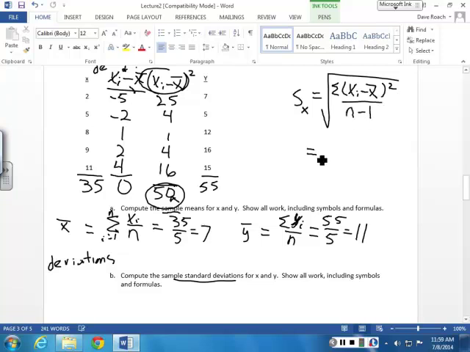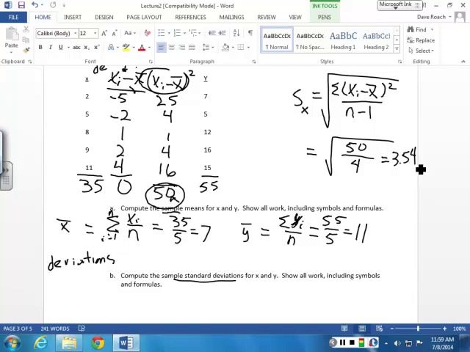So we'll take the square root now of 50. N is the sample size, the number of them. There are 5 numbers there. And so that'll be 4, 5 minus 1. And that all comes out to be 3.54.